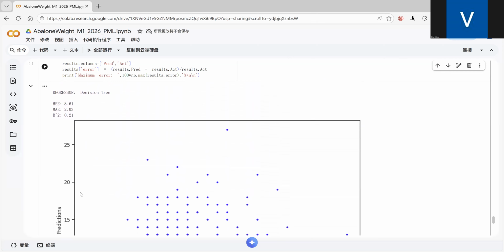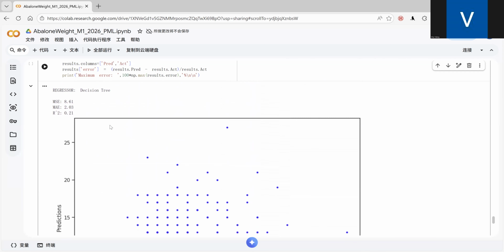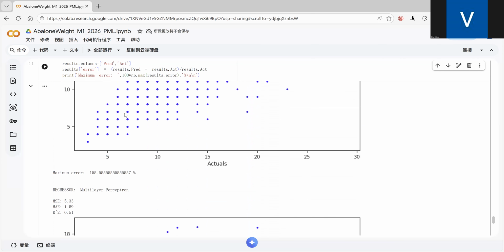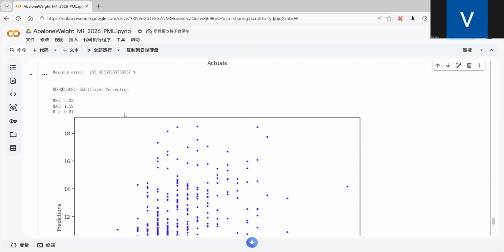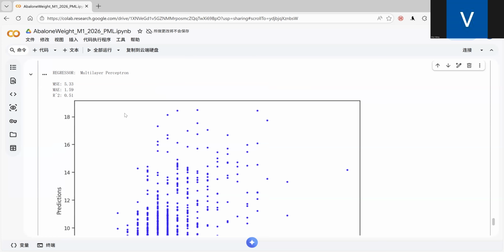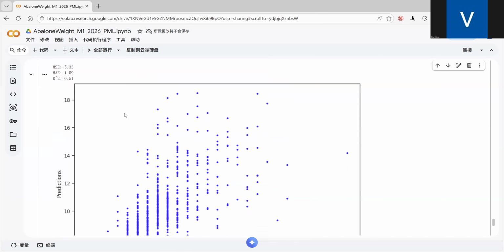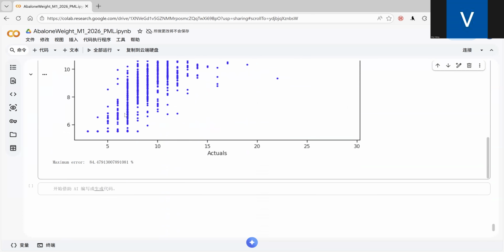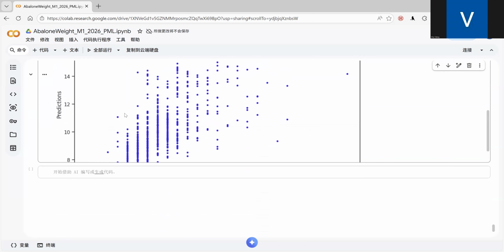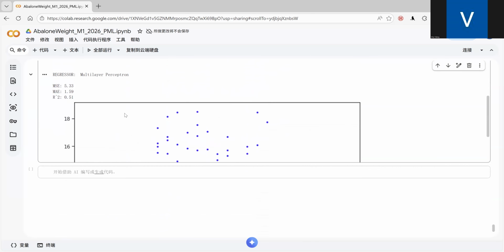This one is the decision tree regressor. The R square is 0.21. It's low. Next one is the regressor called multilayer perceptron. It performs good, but not the best one.